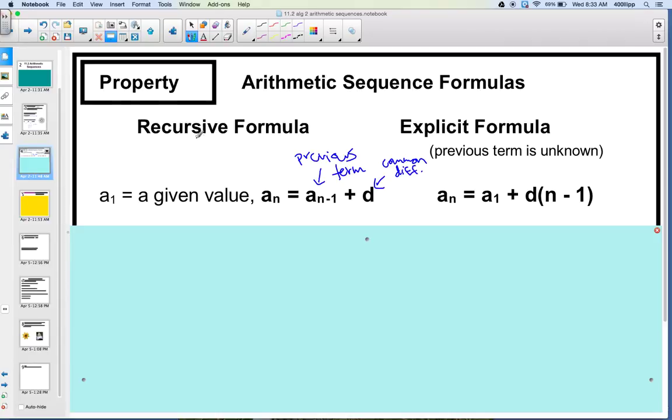So this is the recursive formula for an arithmetic sequence. This is only for an arithmetic sequence: a sub n equals a sub n minus 1 plus d, your common difference.